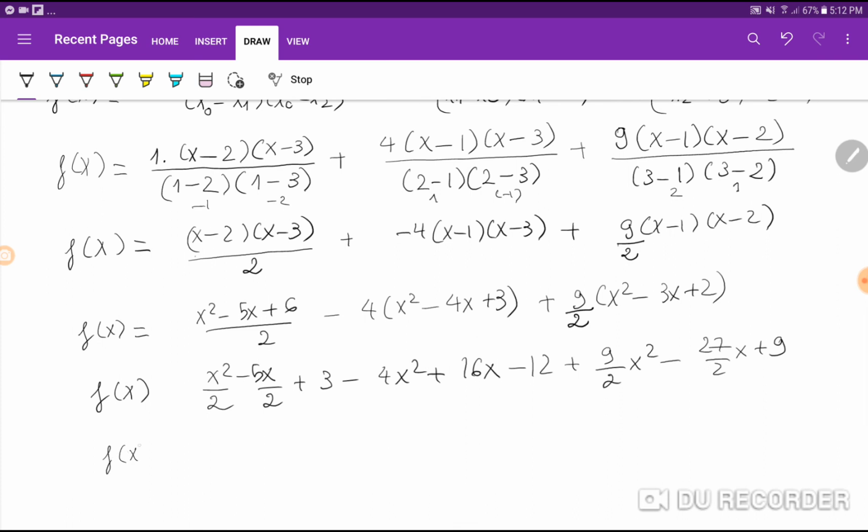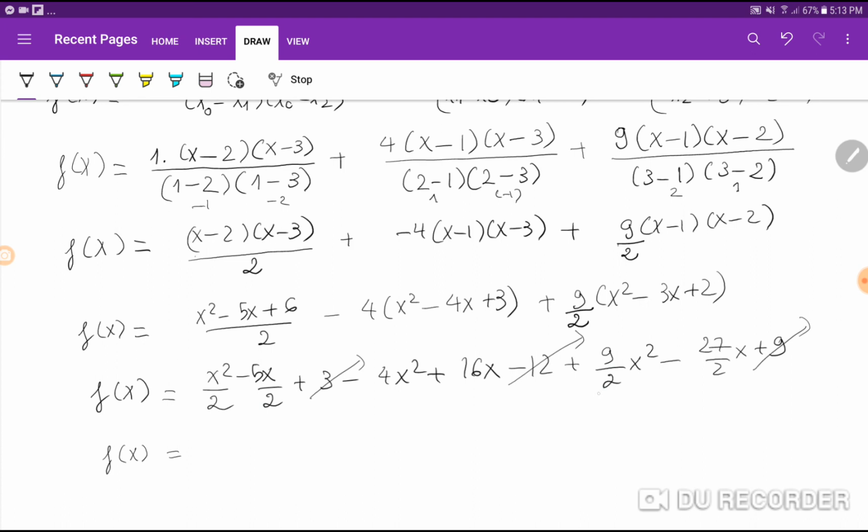And what is f of x equal to? 3 minus 12 is negative 9. Negative 9 plus 9 is 0, so this is 0. Okay, x squared: negative 5 over 2 plus 9 over 2 is 4 over 2, which is 2.